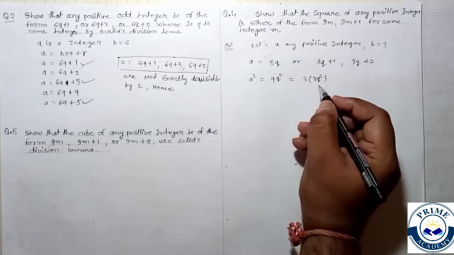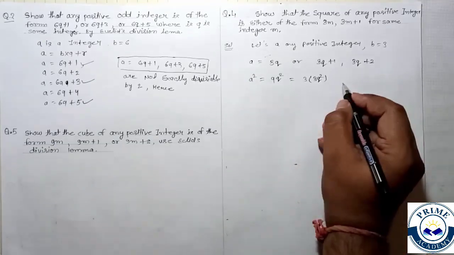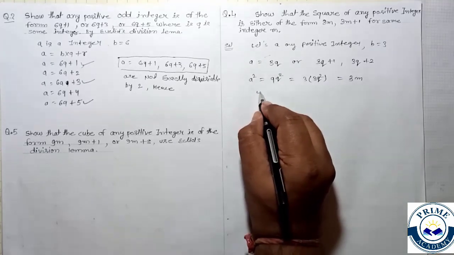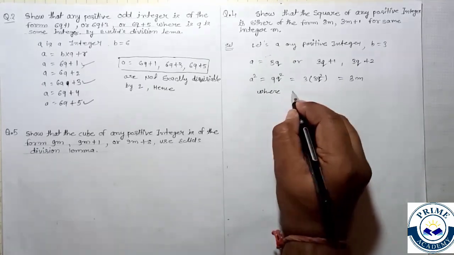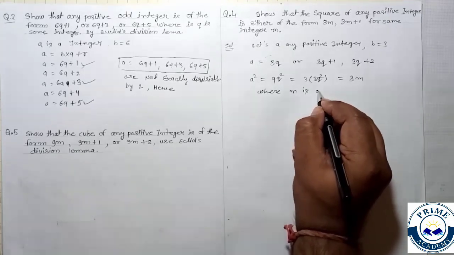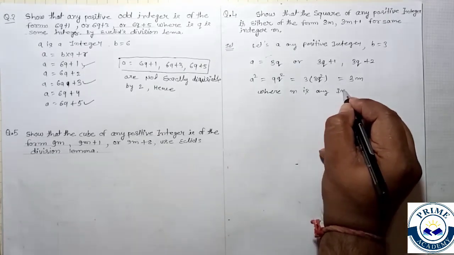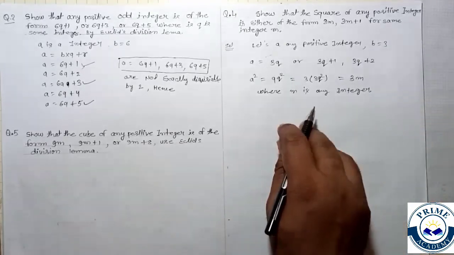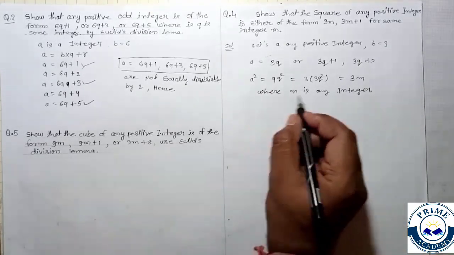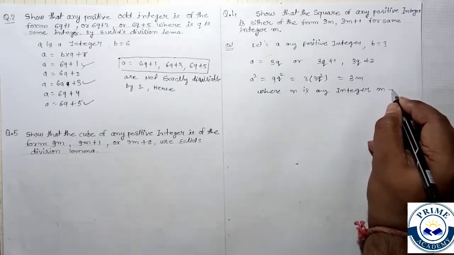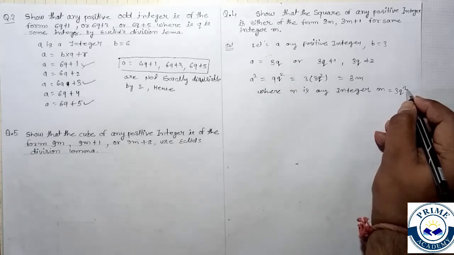For that, I suppose this is m, where m is any integer. m is an integer where m equals 3q square.